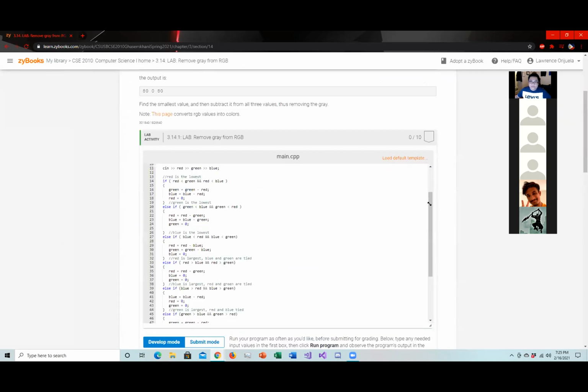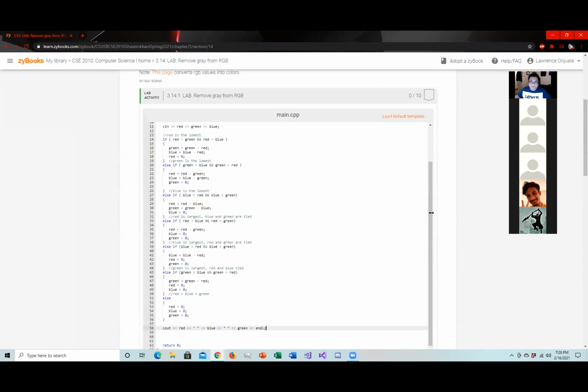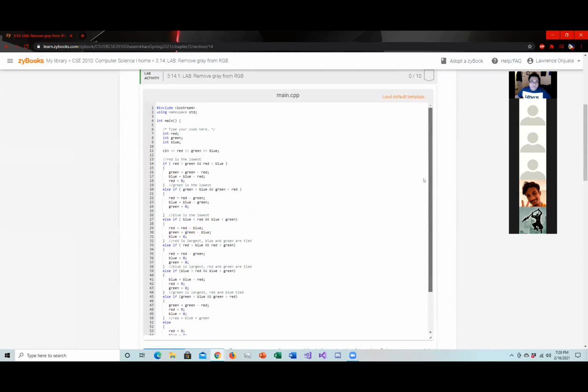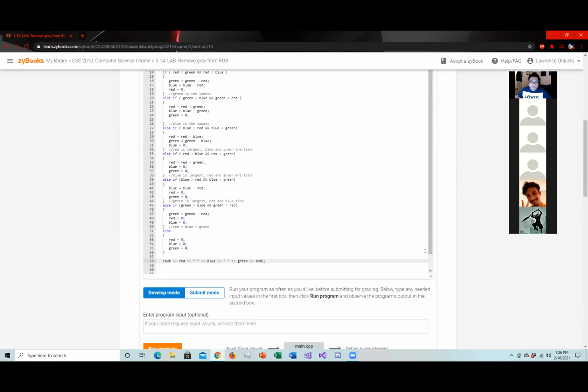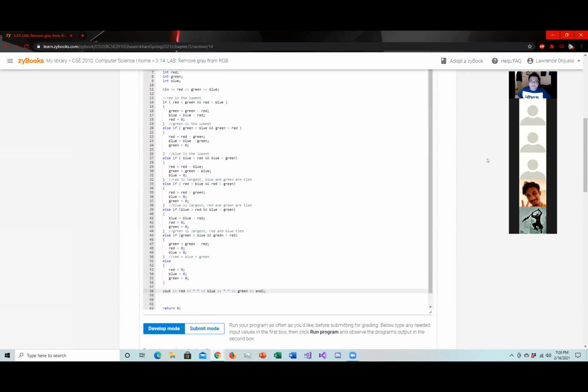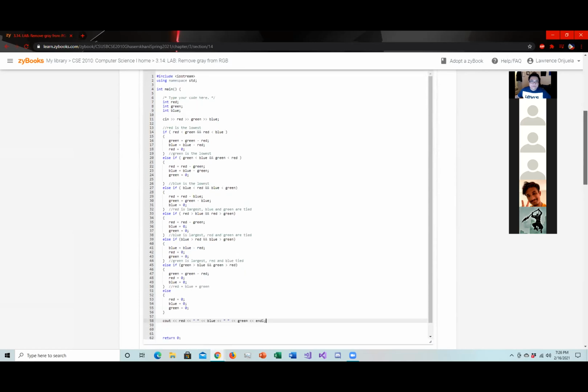I'm sure there's a simpler way to do this, but it's not. And there actually is a simpler way to do this, but this is the solution that the class came up with.